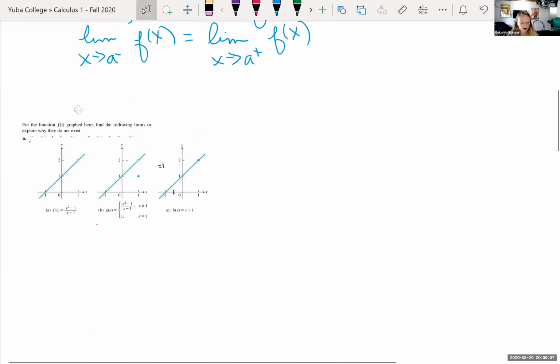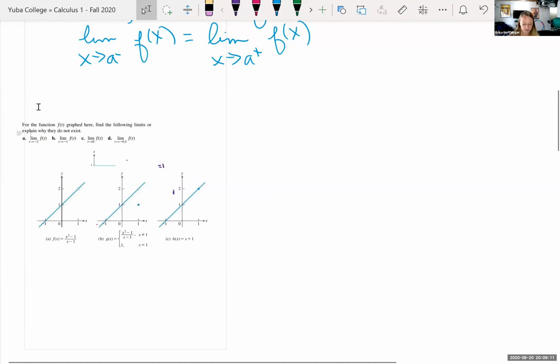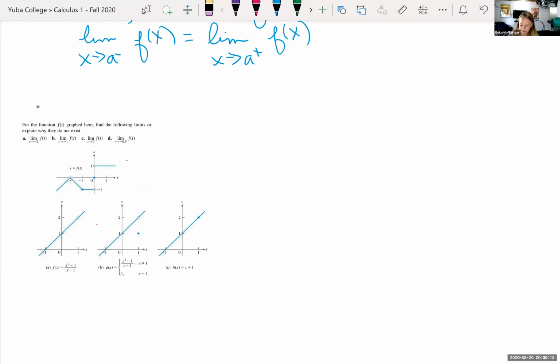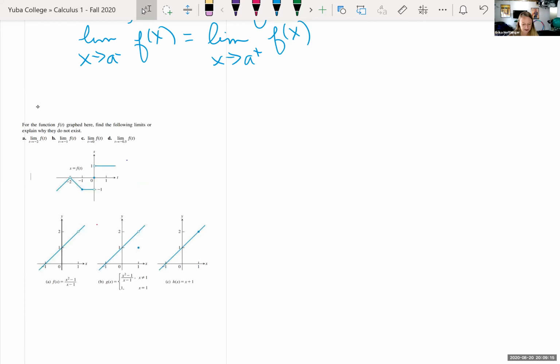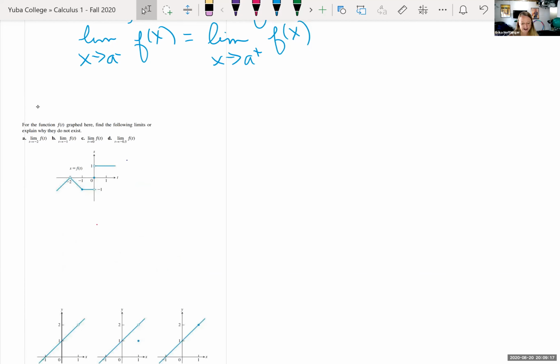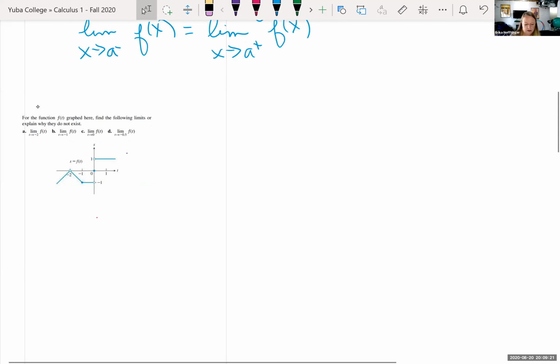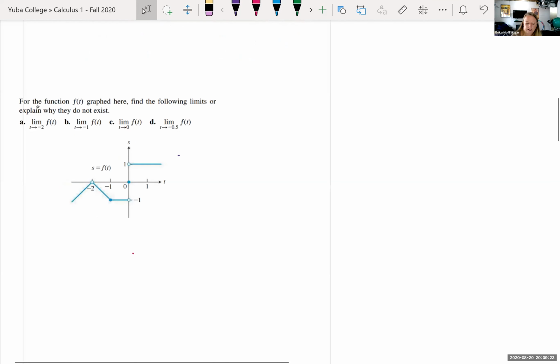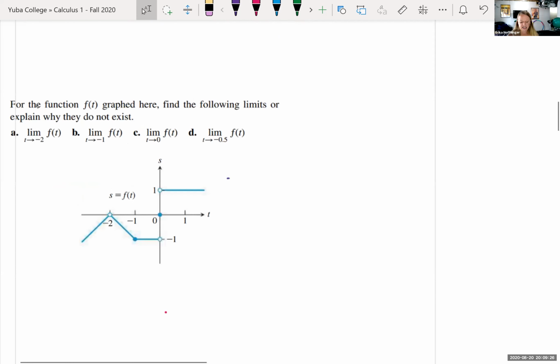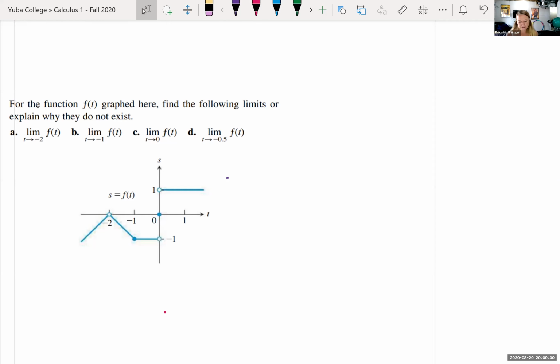Okay, so before we go back and jump into this problem, let's look at, ooh, I didn't realize there was a problem right there. Here's another example to look at. You're given a picture of a graph and it's asking you to find the limit and explain why it does not exist.